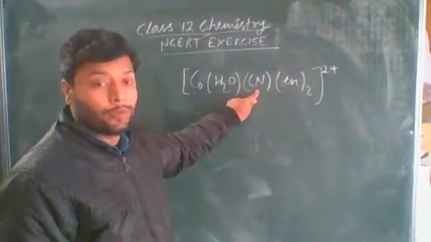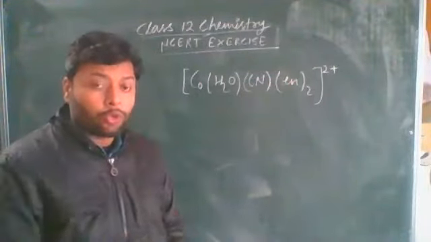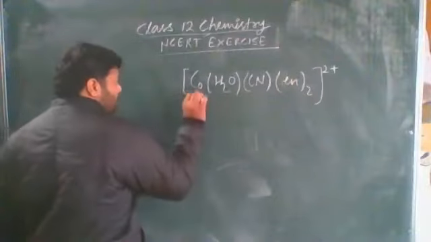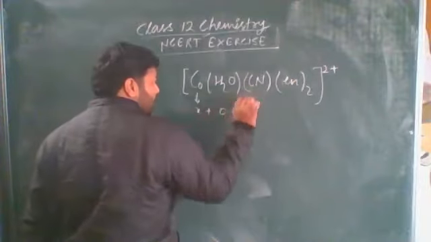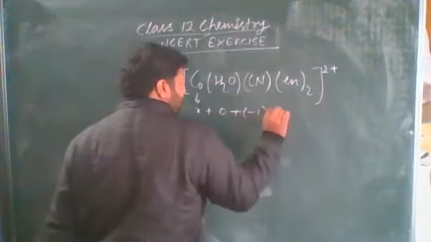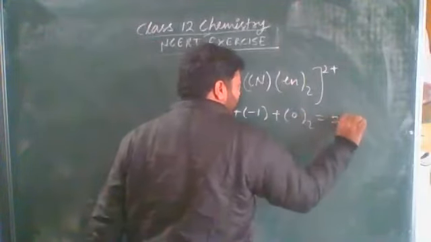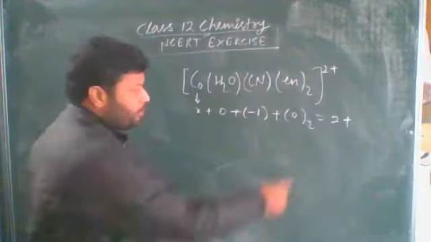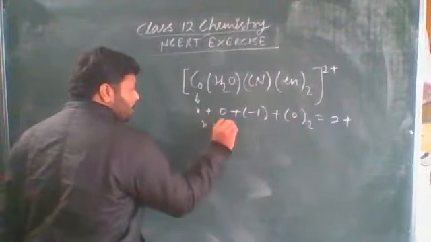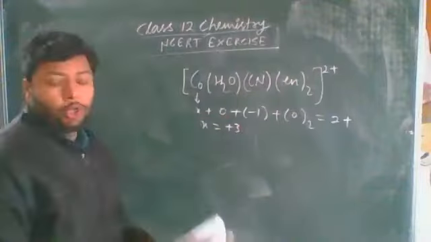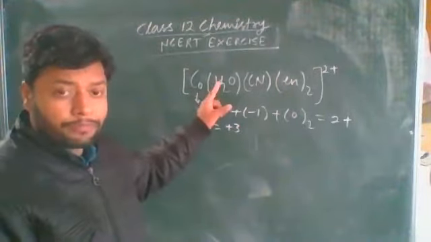Cyanide will carry a -1 charge, and en is again a neutral molecule. So the oxidation number of cobalt will be X plus 0, plus -1, plus 0, equal to 2+. So X will be +3. The cobalt carries a +3 oxidation number.